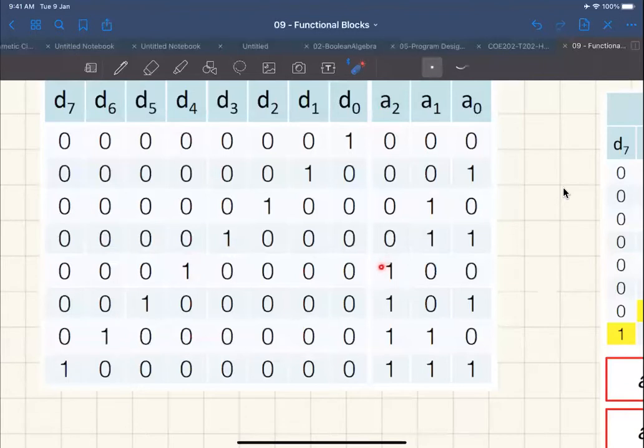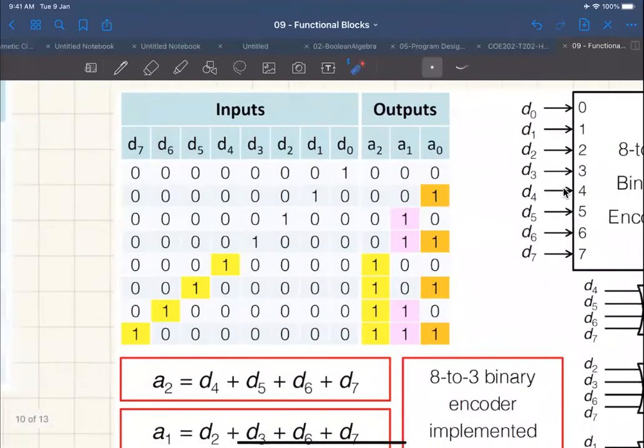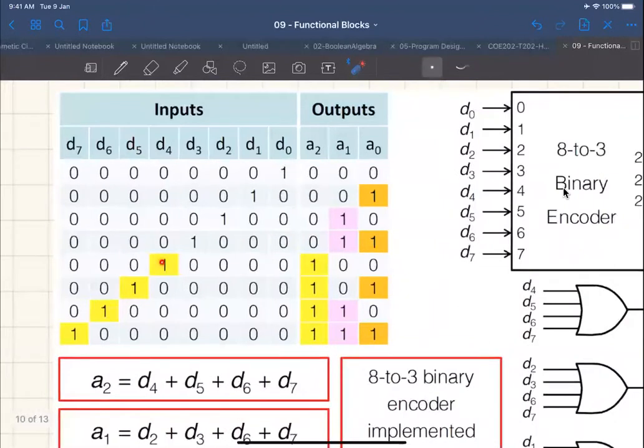Or if D5 is 1, then my A2 is going to be 1. Or if D6 is 1, then my A2 is going to be 1. Or if D7 is 1, then my A2 is going to be 1. So my A2 is nothing but the OR of these bits here: D4 ORed with D5, ORed with D6, ORed with D7.